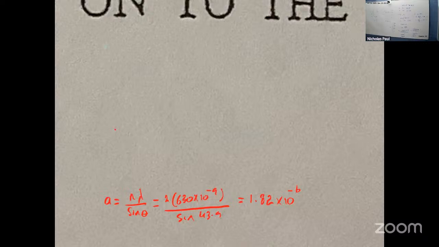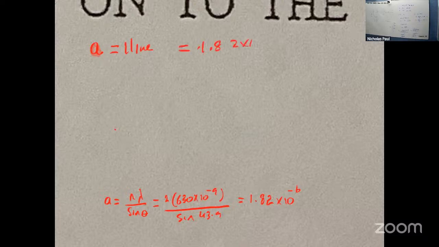So if you remember, the way we do it is in reverse. a is equal to one line. And one line is equal to 1.82 by 10 to the minus 6 meters.